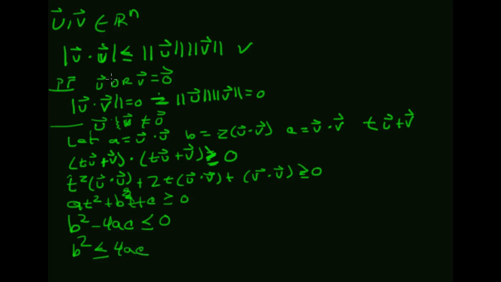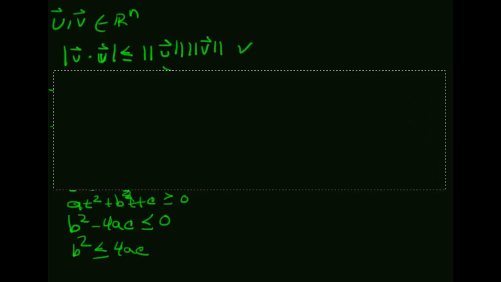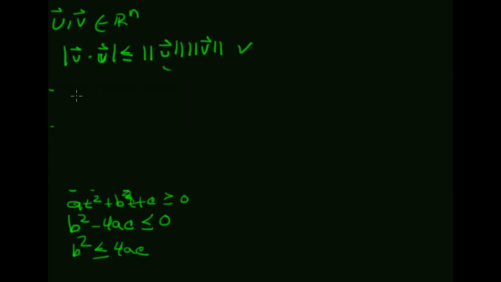Now, let's get some space up top here again. Let's carve some of this out. There we go. And let's unpack what that was. B was 2 times u dot v, so this is going to be 4 times u dot v squared, is less than or equal to 4 times A, which is u dot u, times C, which is v dot v.